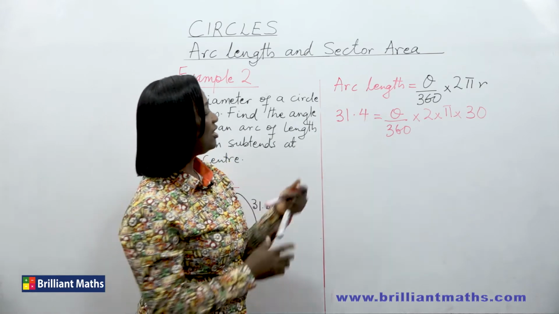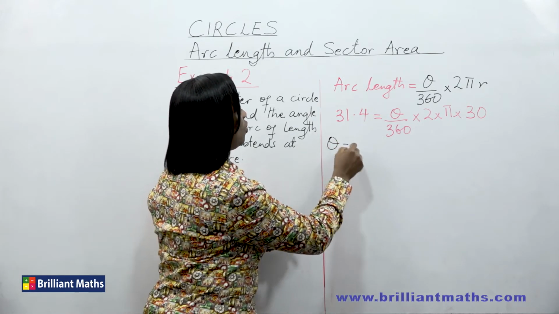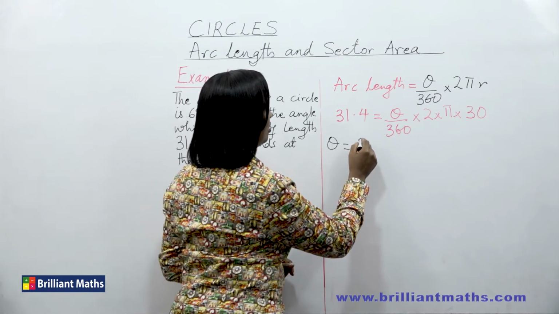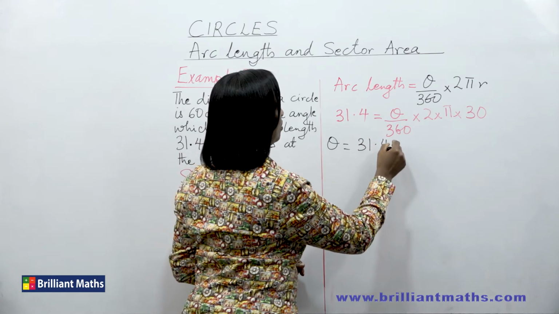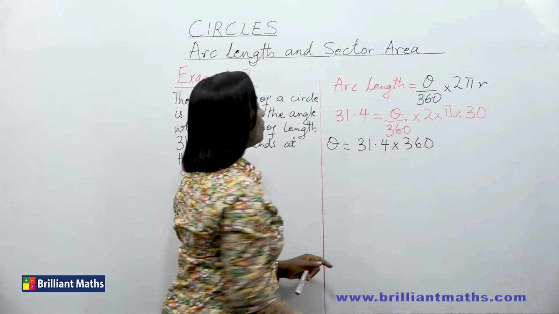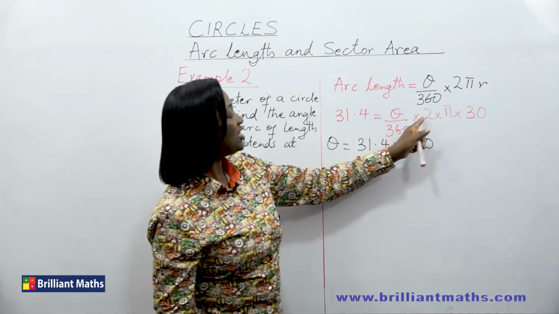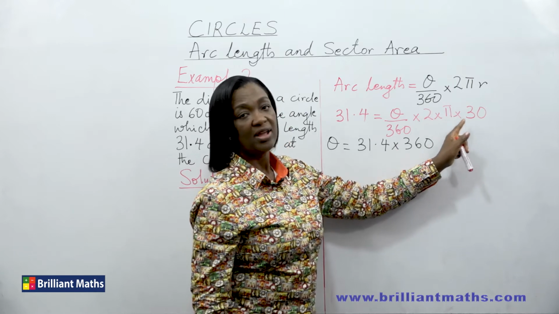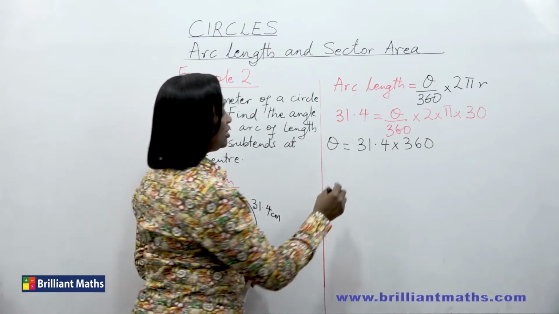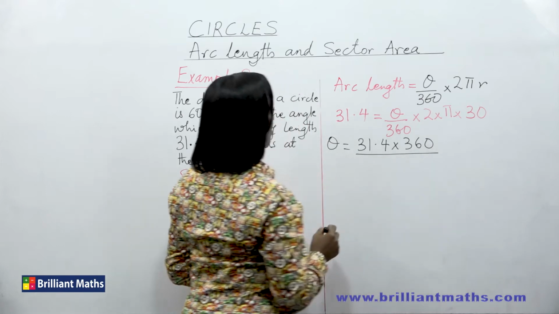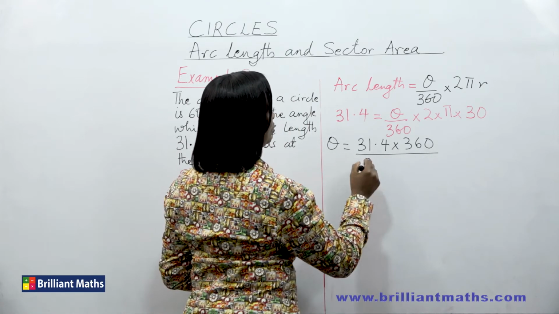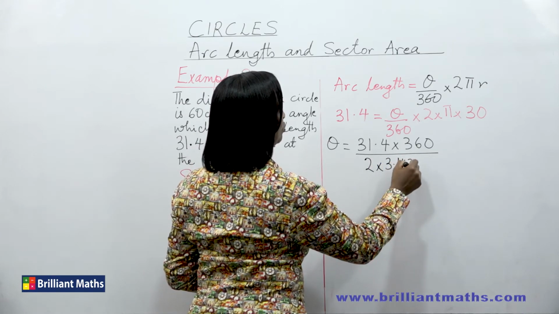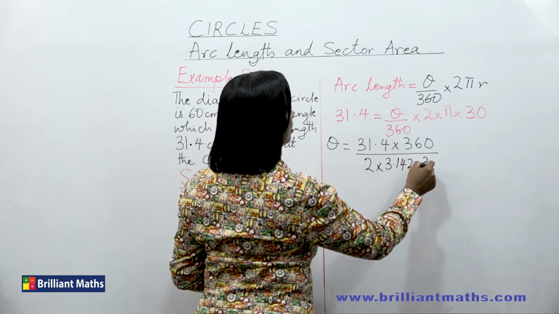So to find theta, we'll multiply 31.4 by 360. And then we divide that product by 2 times pi times 30. Two times 3.142, which is pi, times 30.